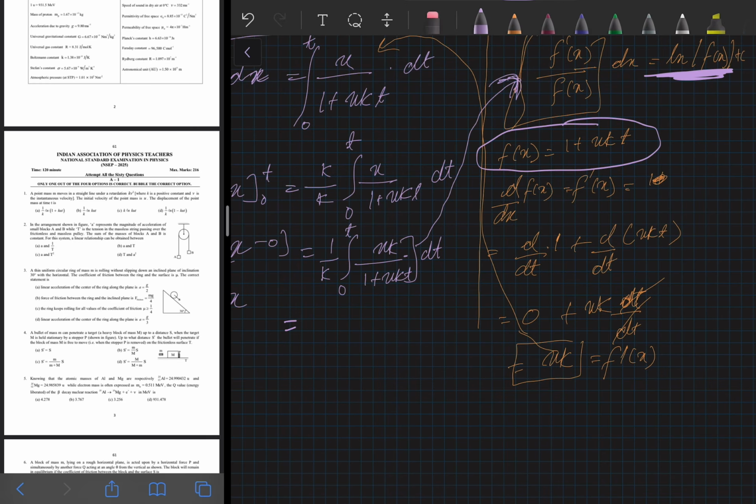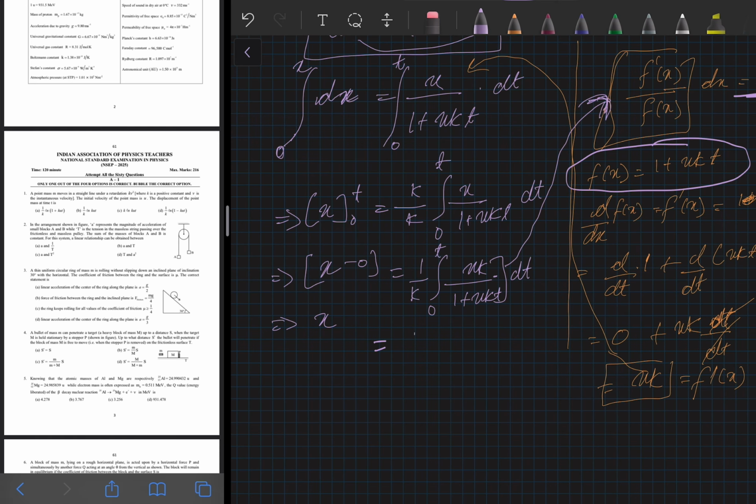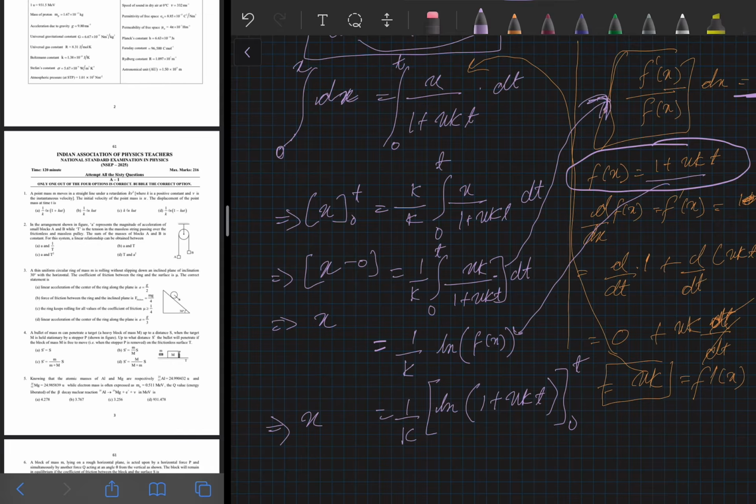So you can write the next step as 1 by k times natural log of 1 plus ukt. Not exactly, now we'll also have to integrate it from 0 to t.